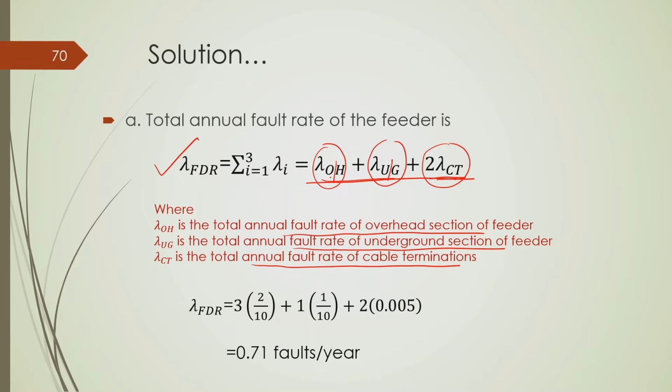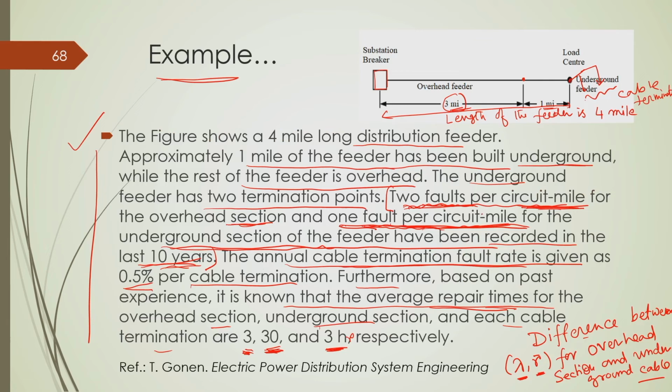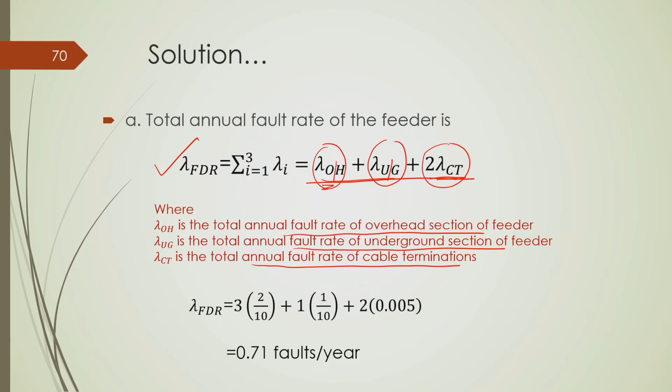Now, it is recorded that the overhead section suffers from 2 faults per circuit mile in 10 years. So, we can find out overhead section failure rate as 2 faults per 10 years. So, in 1 year it is 2 divided by 10 faults per circuit mile, multiplied by its length.